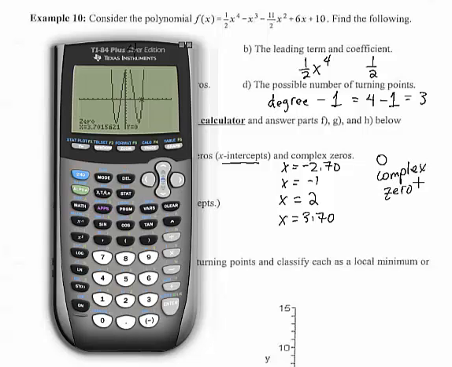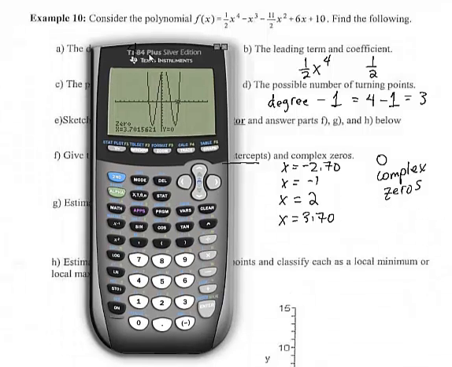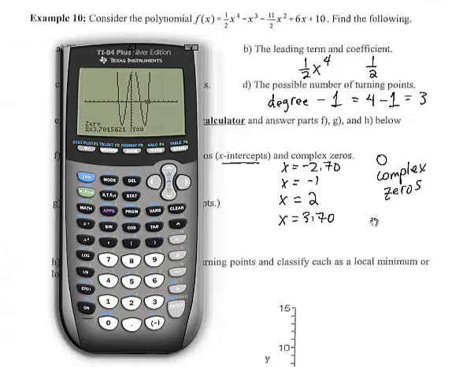There are none. Part H now wants us to find the turning points, the local minimums and the maximum.